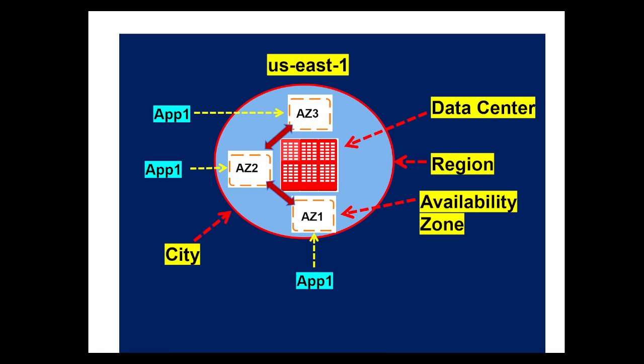Because if one availability zone fails due to power, network or disaster, our application continues to run from the other availability zone. Apart from that, it increases the resilience against single data center failures, and by distributing across multiple availability zones, we can serve users faster within the same region.